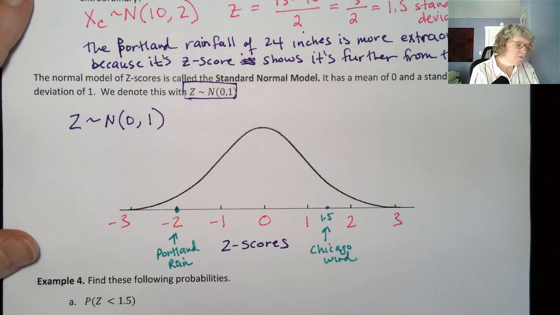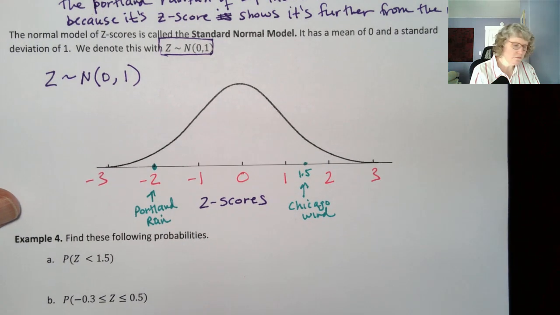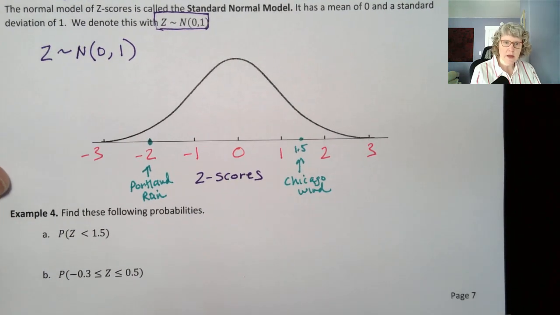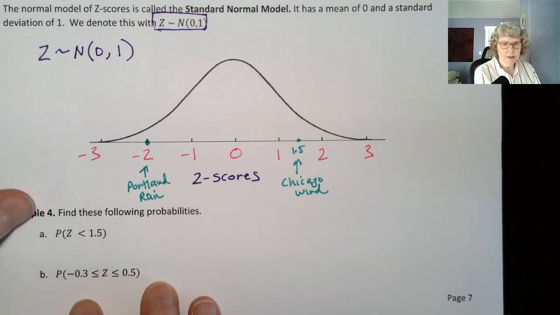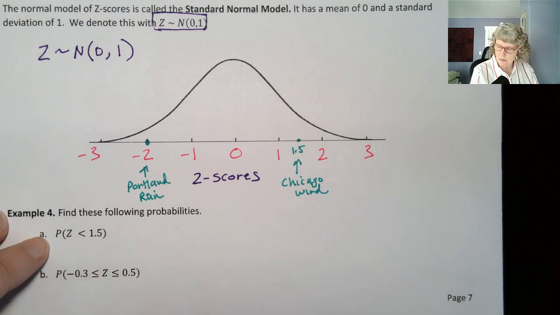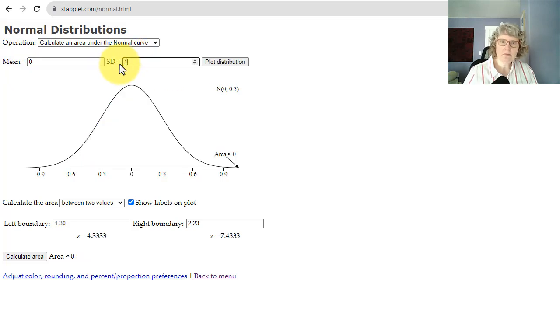Okay, so we can also find probabilities regarding z-scores. Here are a couple of examples, and we're going to use Statlet for that. These are already written as probability statements, but they could be written in words as well. So let's go to Statlet, and this is a new model. I'm going to go back up to my mean and put in 0 for that, and 1 for my standard deviation.